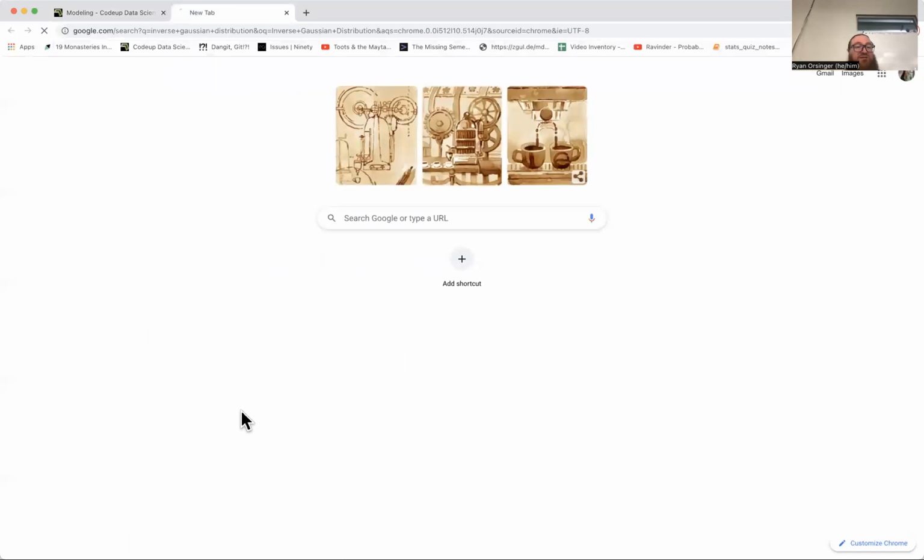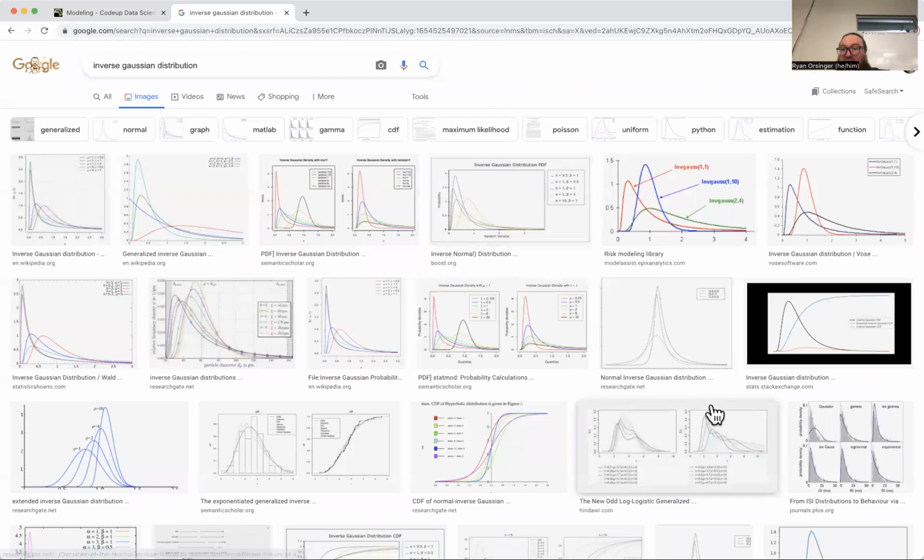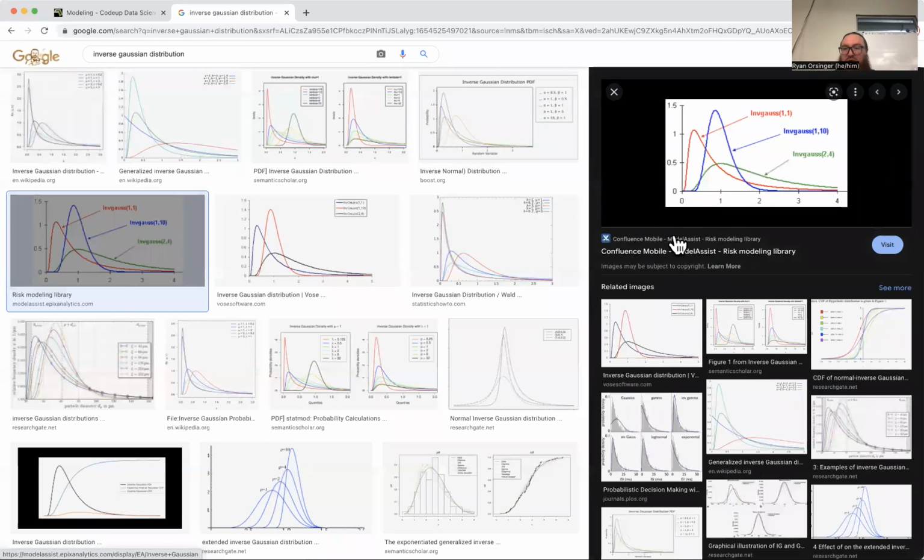If you want to know what that looks like, do a nice little Google search for it and pull up an image. It's not the reciprocal. It's not the area that's not under a curve of a normal, but it is one of these kind of beta distributions that spikes pretty high, pretty early, and then has a tail that drags out to the right, depending on some of its features.